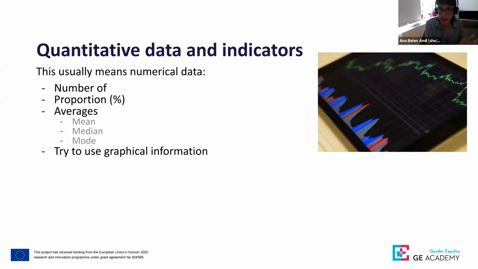So if you have 40 women working for €1,000 a month, and then you happen to have one or two with 10,000 or 20,000 a month, then you will have a mean that is not a good description of what's going on.